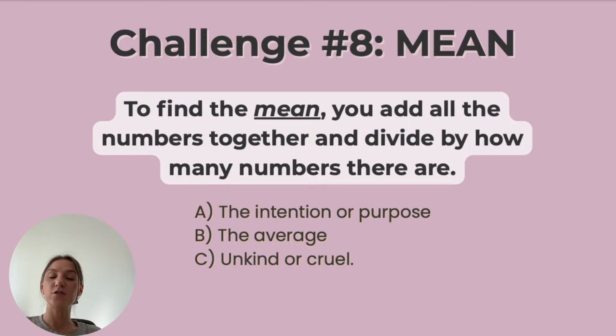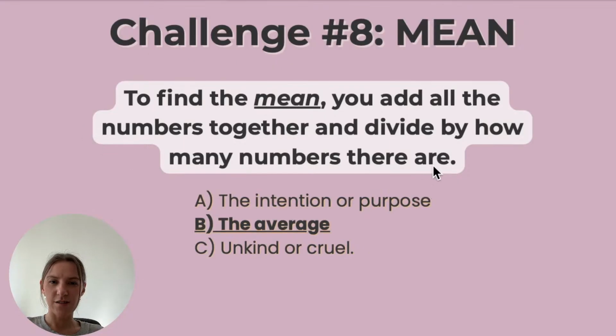C, unkind or cruel. Well, actually, it can mean unkind or cruel, but not here, because here we are talking maths. Yeah, we're talking maths here, so it is the average. To find the average, you add all the numbers together and divide by how many numbers there are.